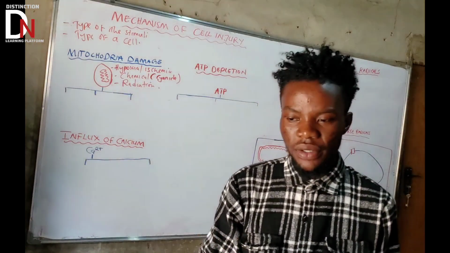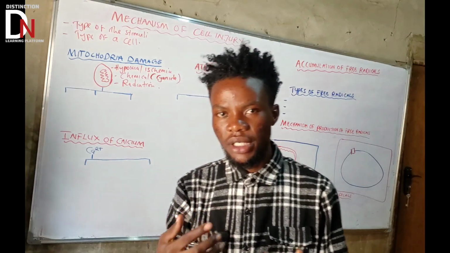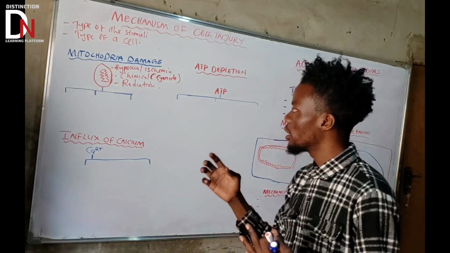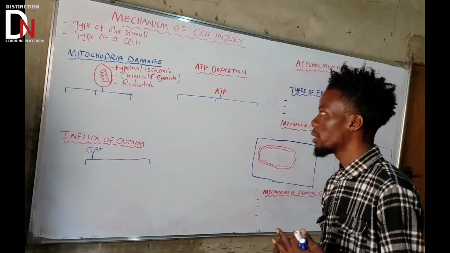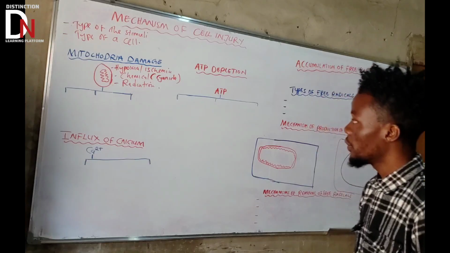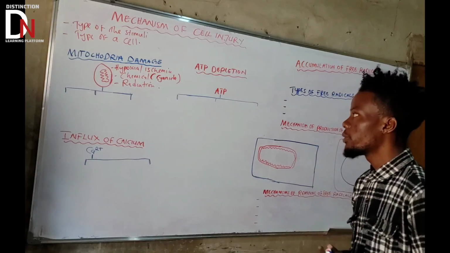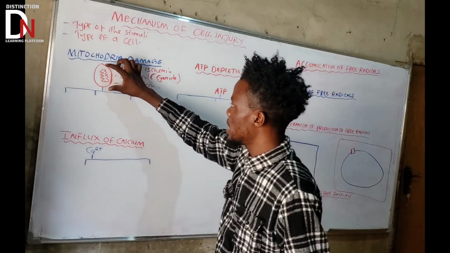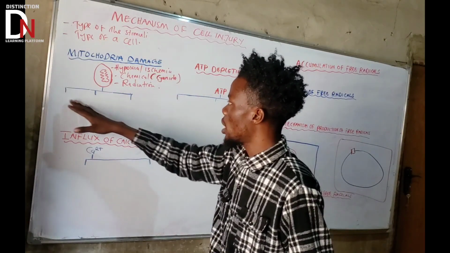How? Because radiation is one of the things that can produce reactive oxygen species that can in turn affect the mitochondria, making it get damaged. So those are the three important causes of mitochondrial damage: radiation, chemicals, and hypoxia or ischemia.